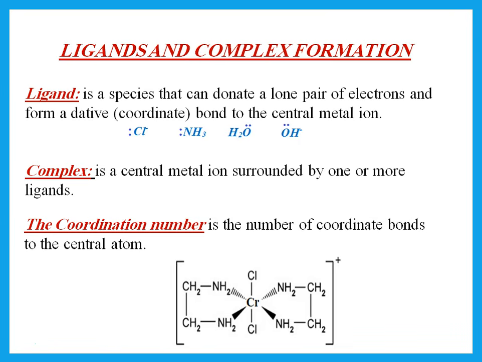And this nitrogen, this is a ligand that has 2 nitrogens that each have electrons that can be donated. All of these bonds to the chromium are dative bonds or coordinate bonds in which the lone pair of electrons are used to make the bond. So this is what we call a complex.